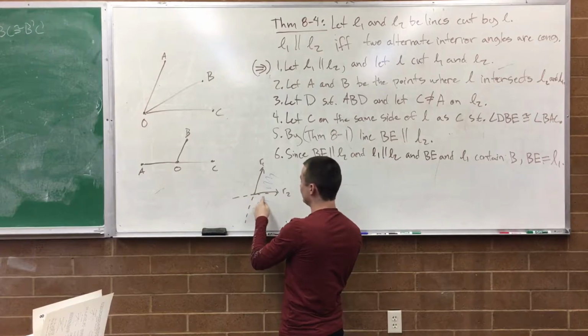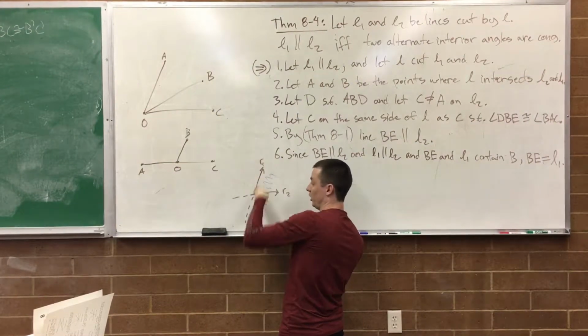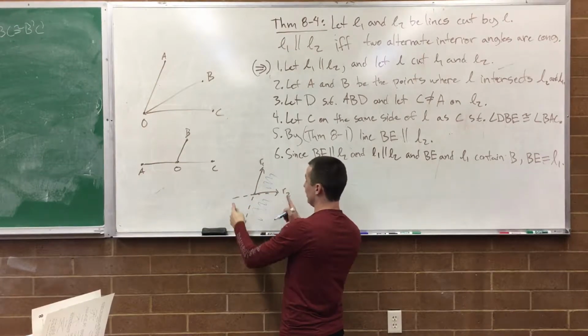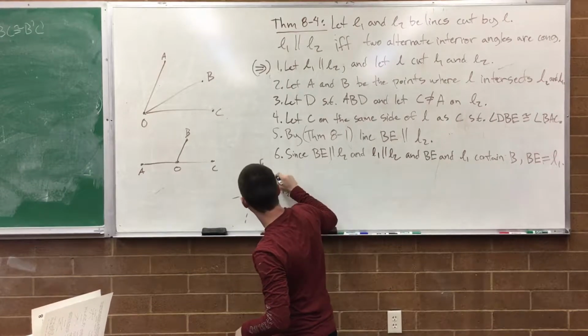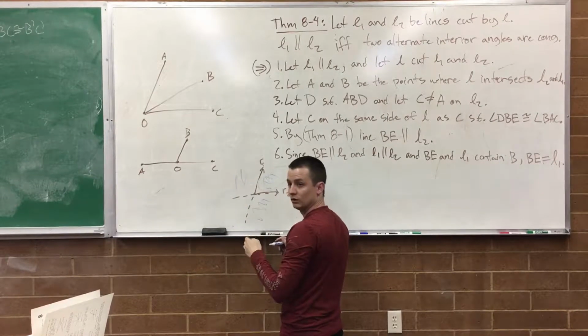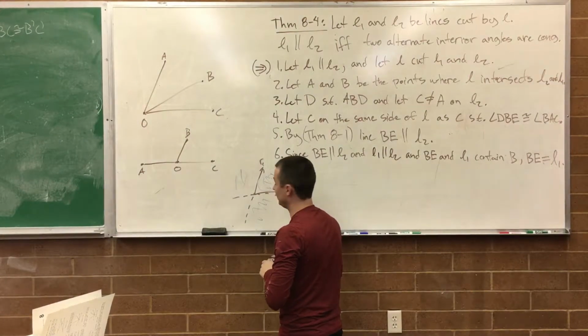R2 is on this side of R1, so it's all those points. And all the points on the same side of R2 as R1, which is these points. So the intersection of those is just this. You see that? That was our definition of interior.